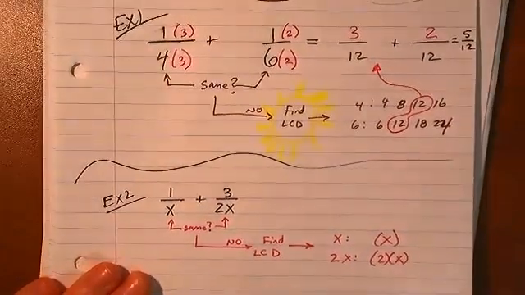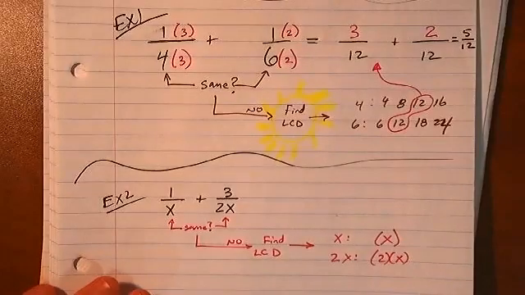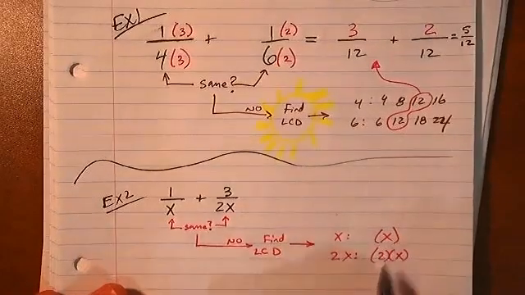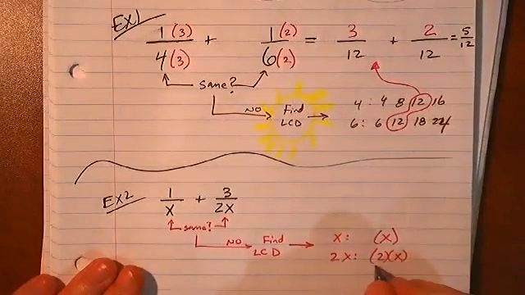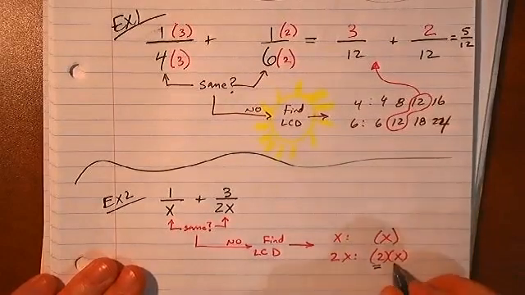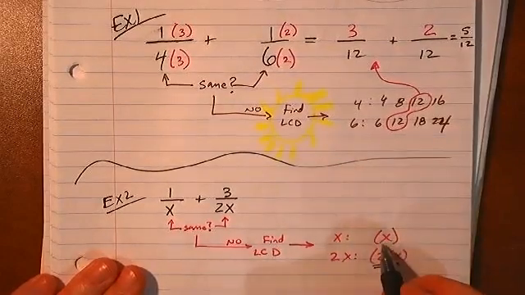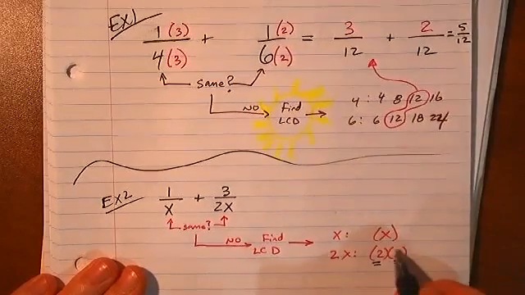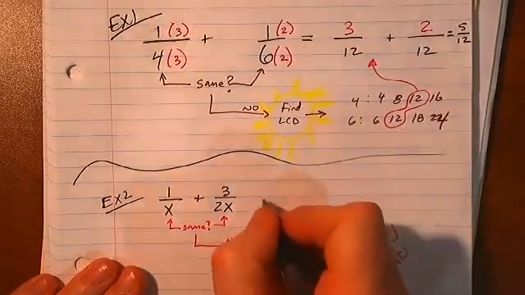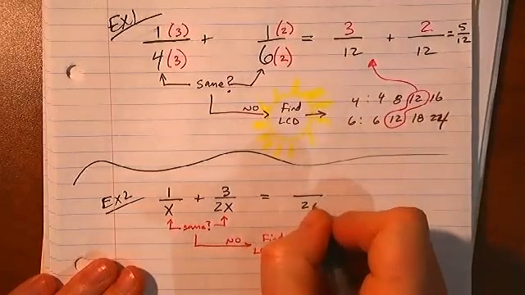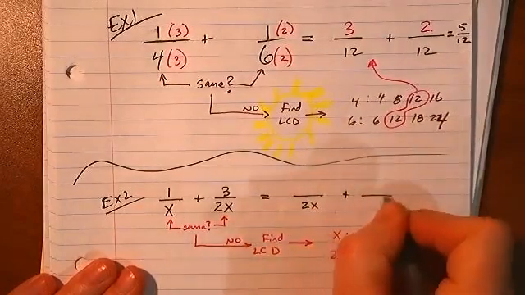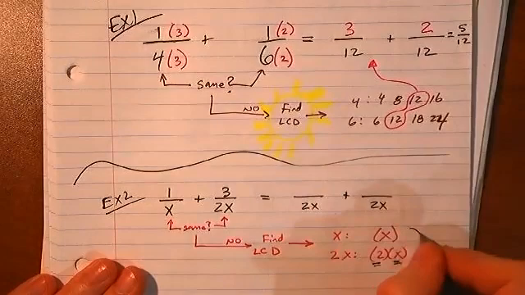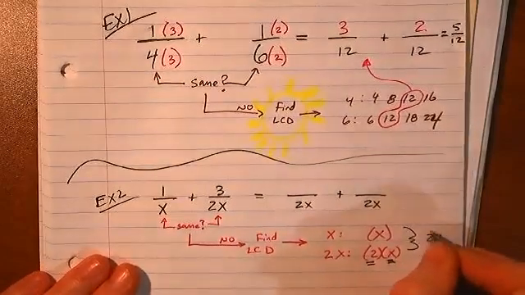But what we said was our common denominator needs to be something that represents all the bits and pieces. So I'm going to need a 2. I'm going to need an x. I don't need another x because I already have an x from this one. So my common denominator is just simply going to be a 2x.